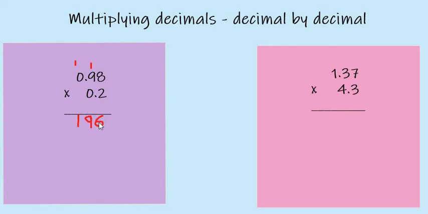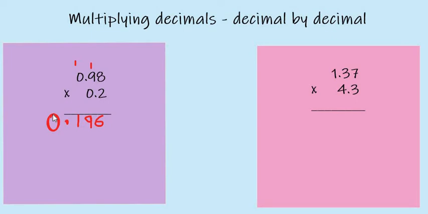That means we should have 3 digits to the right of our decimal point in our answer. That's 1, 2, 3. So we'll put our decimal point here. Since we have no whole number section, we can put a 0 at the front as a placeholder. And that's our answer.